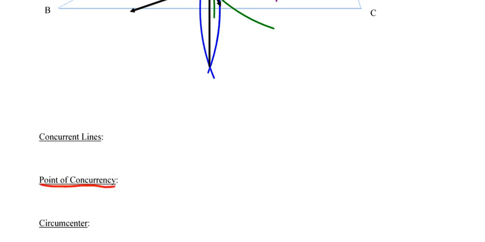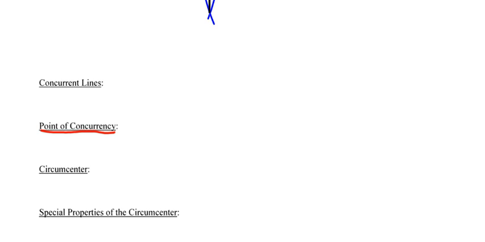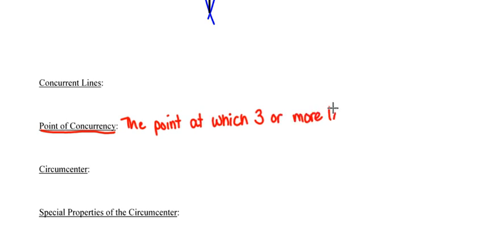So point of concurrency is going to be the point at which 3 or more lines intersect. Concurrent lines are going to be 3 or more lines that intersect at one point.